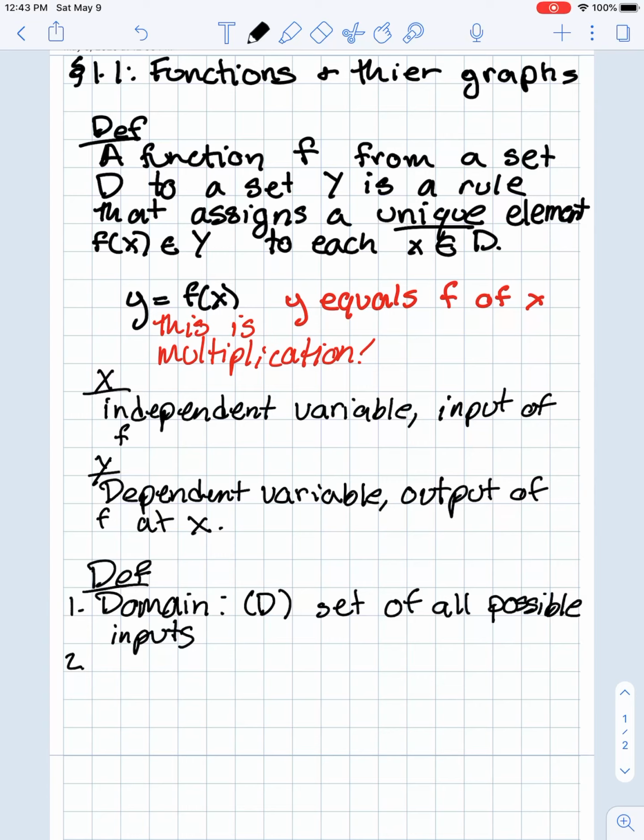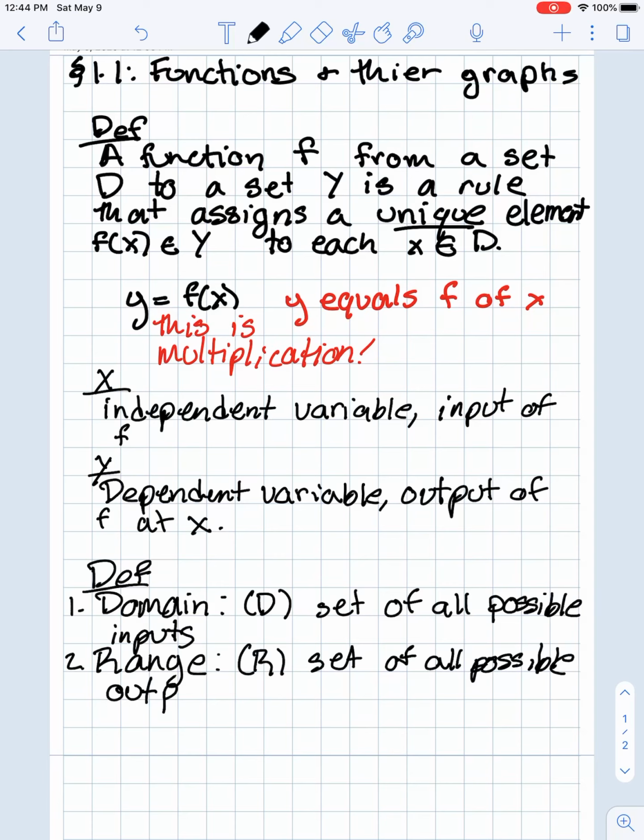Domain has its partner in crime, range. We also can call that R for short. And it is the set of all possible outputs. Domain's going to have x's, range is going to have y's.